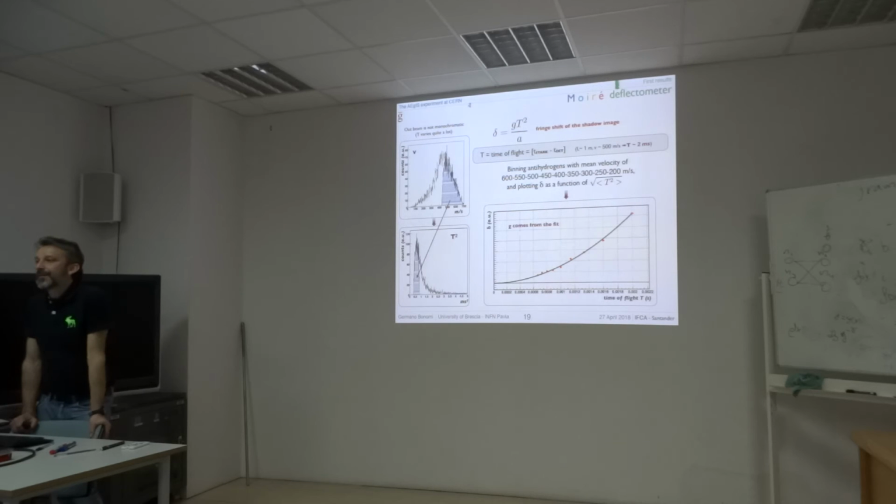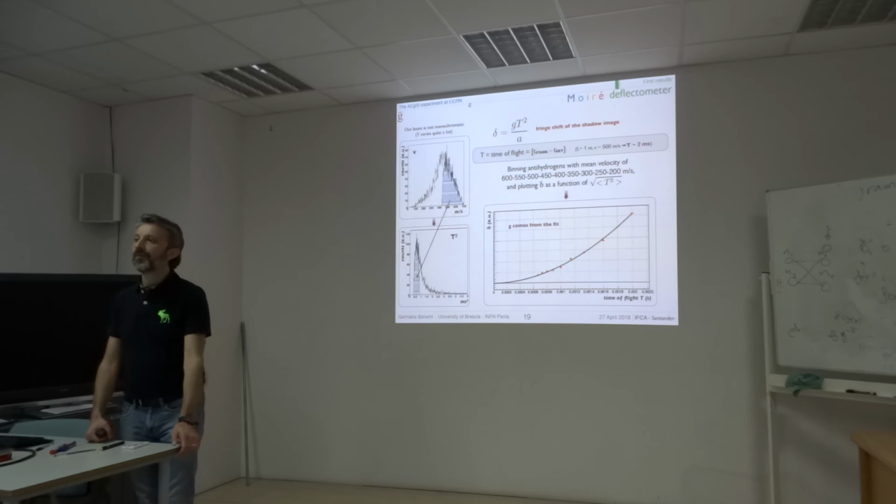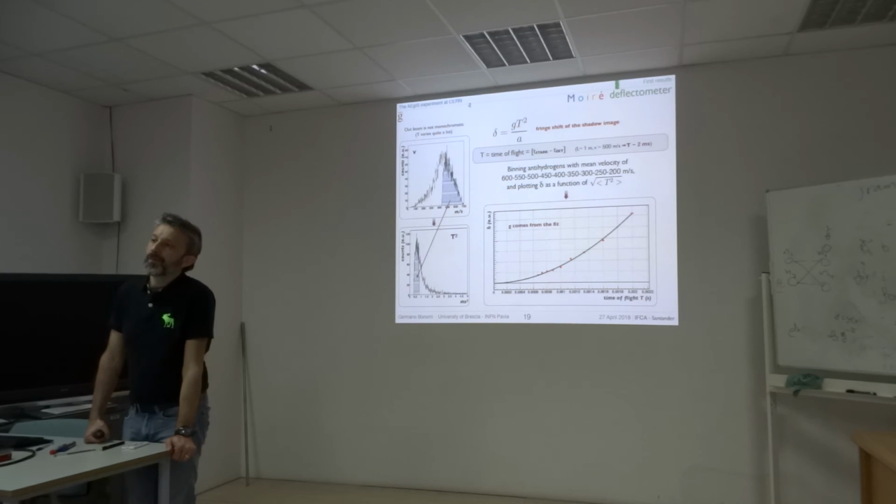Just curiosity, in the case of antihydrogen atoms, the maximum time they can hold them without being annihilated is like 15 minutes. In the case of positronium, how much time can you have them without being annihilated?